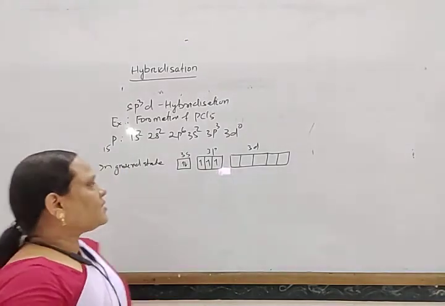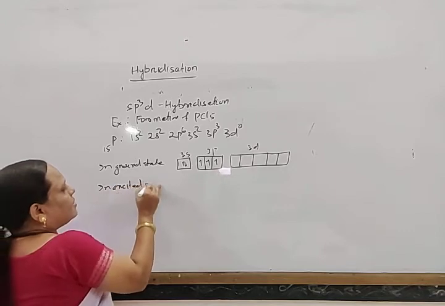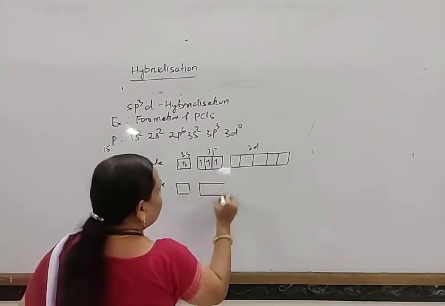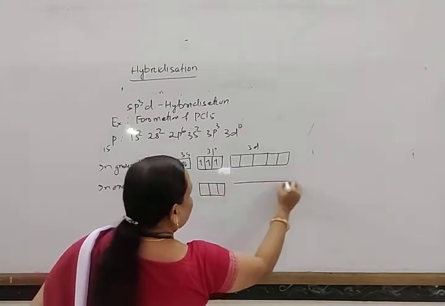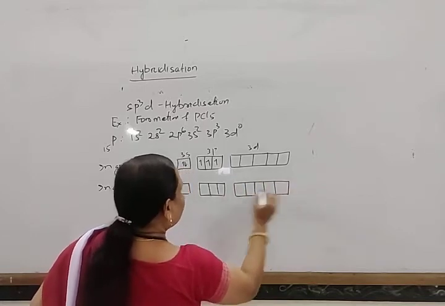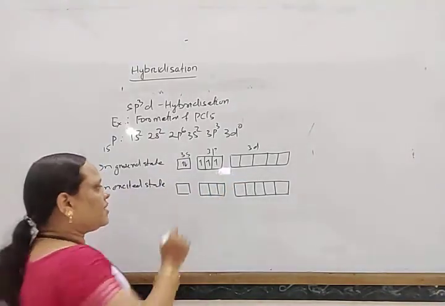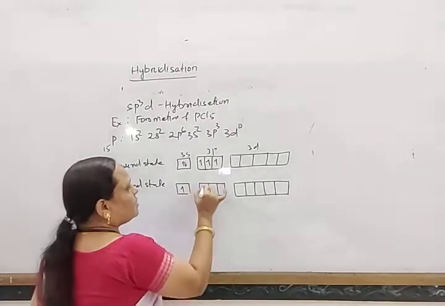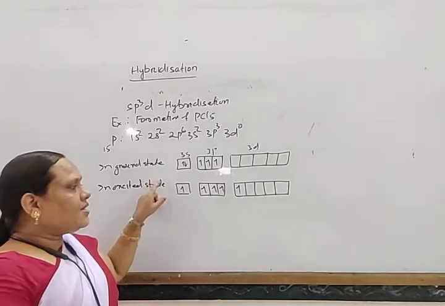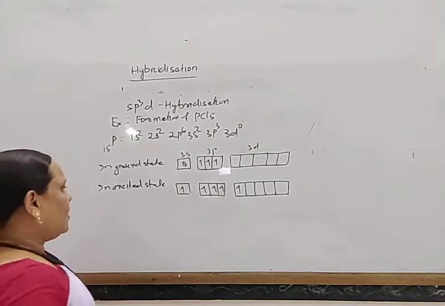In the excited state, one electron from the 3s orbital is promoted to a 3d orbital. So the electronic configuration now becomes like this. It now has 5 orbitals which contain a single unpaired electron.